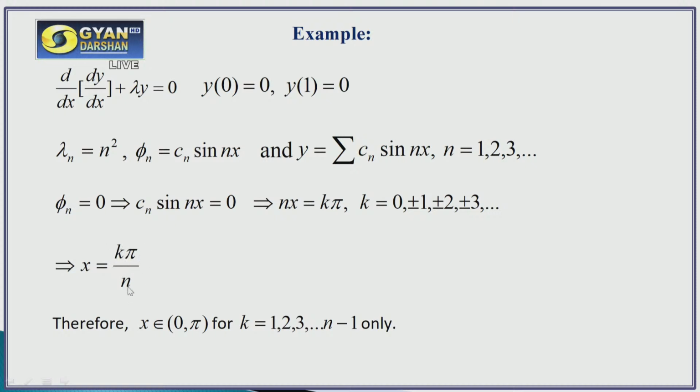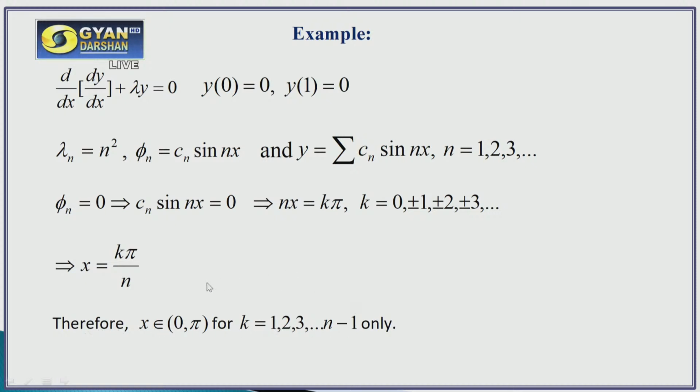So if you put the value of n plus 1 here, it will obviously lead to pi plus pi by n. So it will repeat its value. It is a cycle. This is in 12th standard. When we solve these trigonometric functions, we know that they just repeat their values. So after this cycle, how many different solutions will you get? You will get them for x equal to this, for k equal to 1, 2, 3, up to n minus 1.